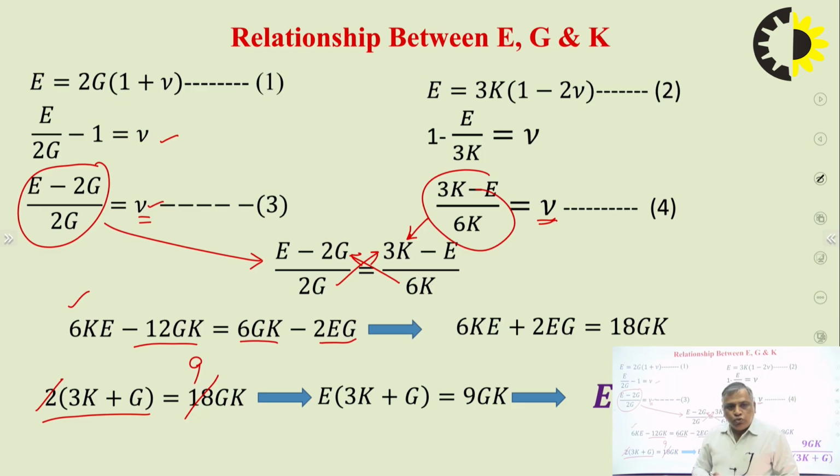If two constants, modulus of elasticity and bulk modulus, are known, we can easily find the value of the modulus of rigidity. If modulus of elasticity and modulus of rigidity are known, we can easily find the value of bulk modulus, and we can use these constants as per our requirement in our analysis. So at this point, our derivation of the relationship is over.